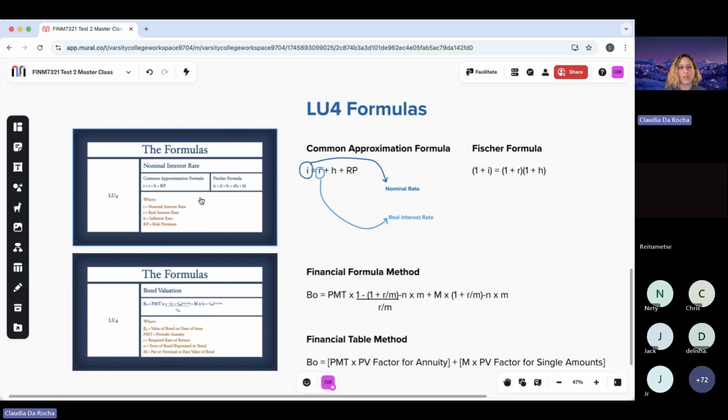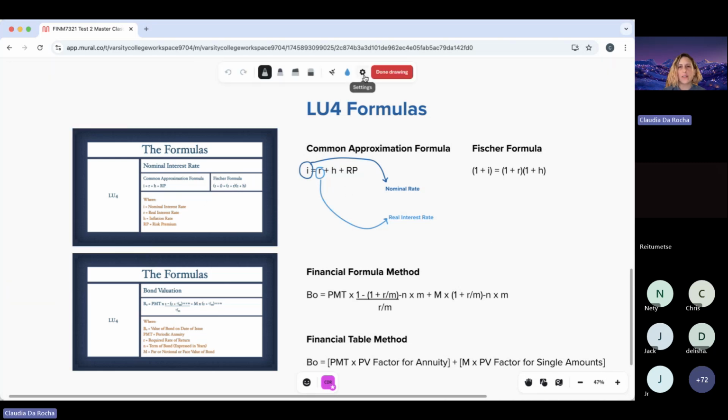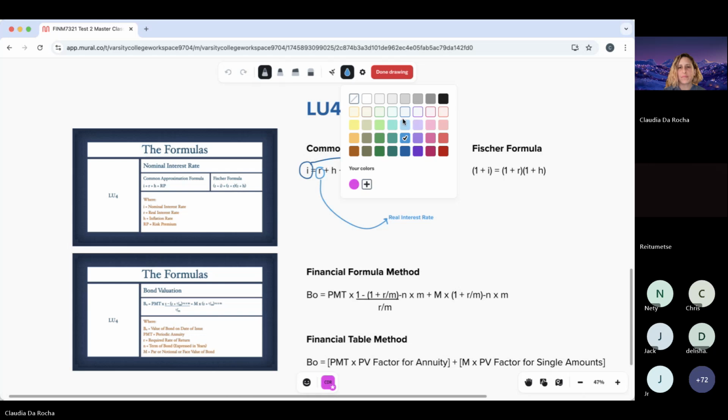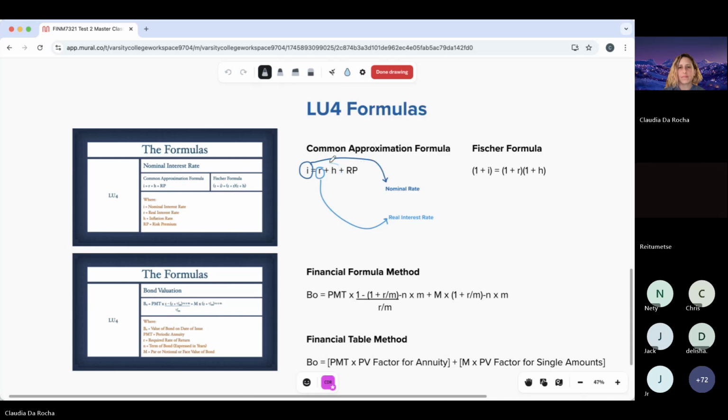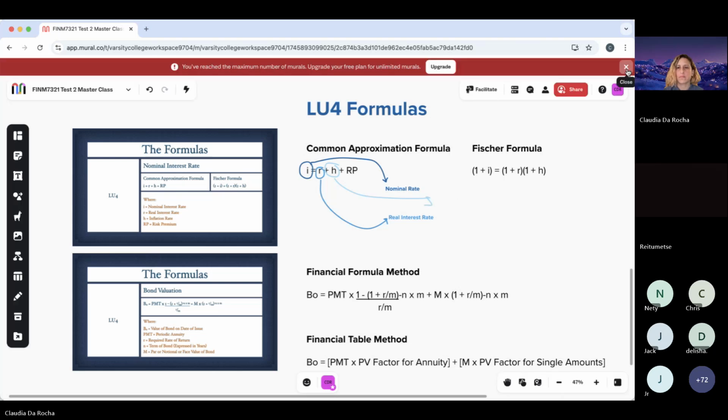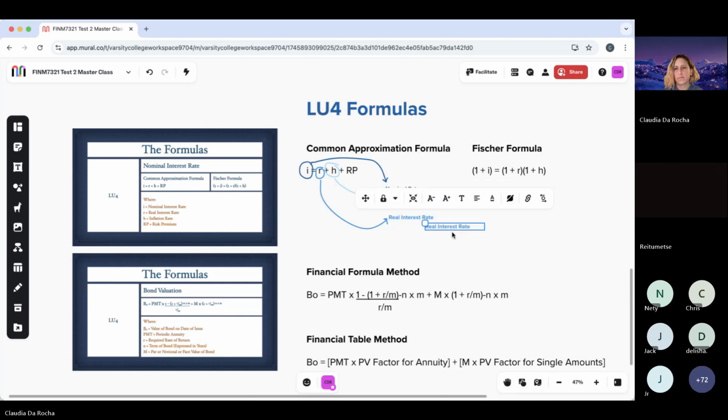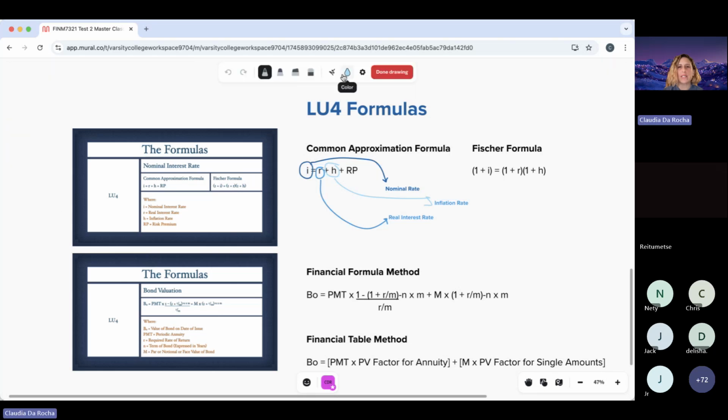And then H is our inflation rate. And then RP is our risk premium.